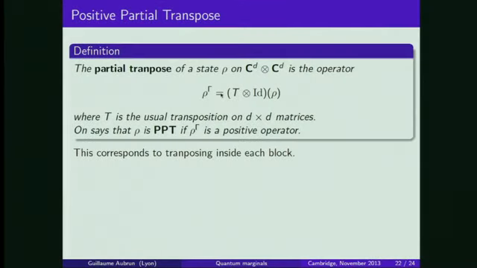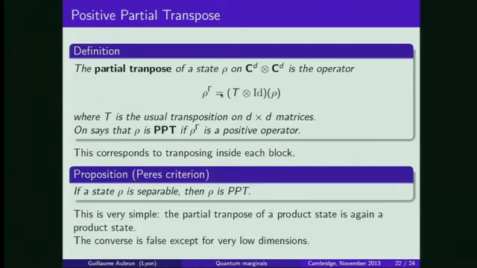You have a state on CD tensor CD, and you consider only transposition applied to one of the factors, let's say the first factor. Then you obtain what we denote by rho gamma, and we say that rho is PPT, positive partial transpose, if rho gamma is a positive operator. And if you think of operators on tensor products as block matrices, this corresponds to transposing inside each block.